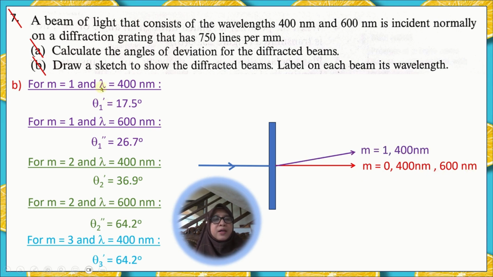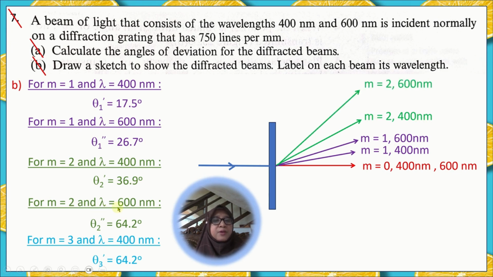For 400 nanometer, the angle is 17.5 degrees. And for 26.7 degrees, it will be higher up. We label it m1 600 nanometer. Next, 36.9 degrees for m2 400 nanometer. And for 600 nanometer, we label here the angle is 64.2 degrees, so we draw higher.